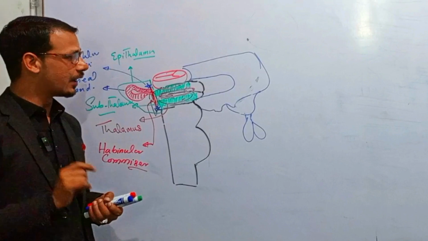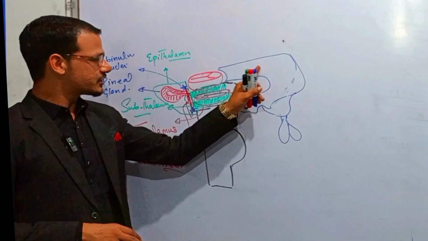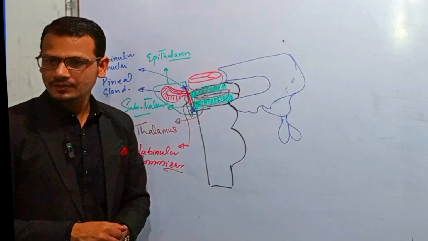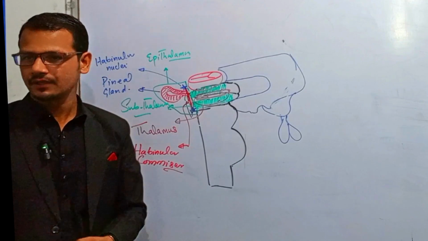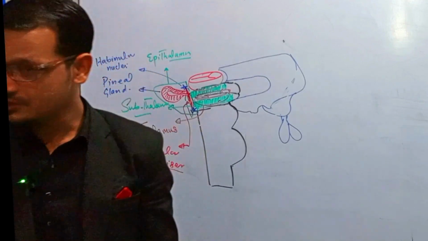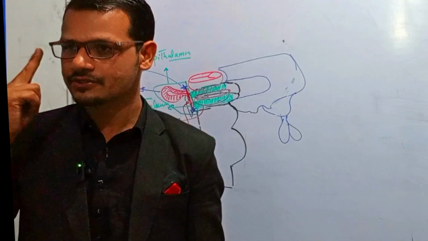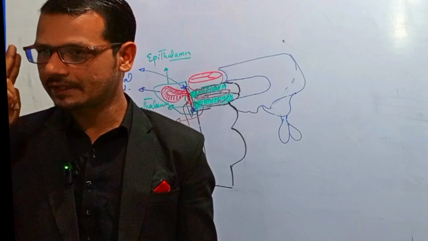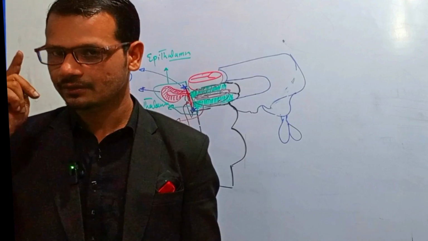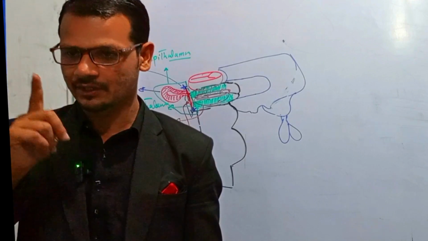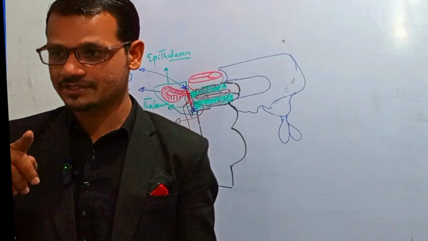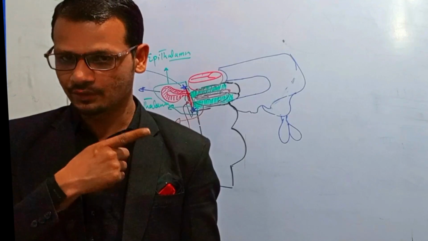Now which fibers are passing from this hypothalamus? First, the fornix fibers, the right fornix system and left fornix system. Second, the mammillothalamic tracts or mammillothalamic fibers are passing from this hypothalamus.